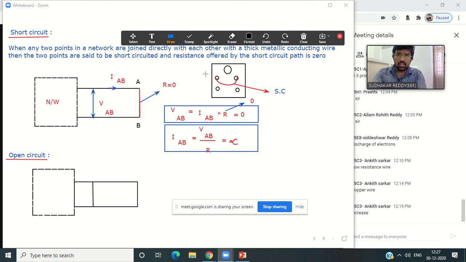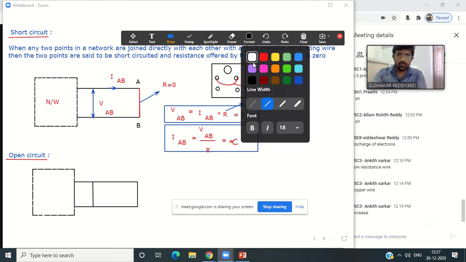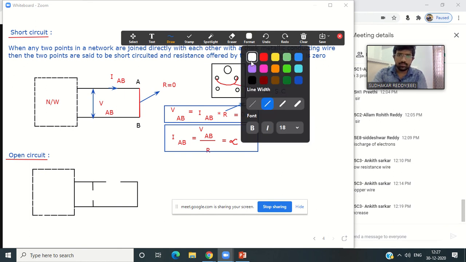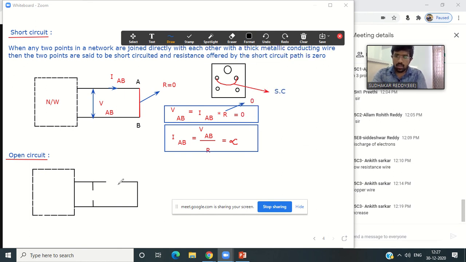Now, if an open circuit occurs, is there any voltage? No, sir. And what about the current in an open circuit? Current is also 0, and voltage also 0, right? Yes, sir. Good. So anyway, we will observe here now.